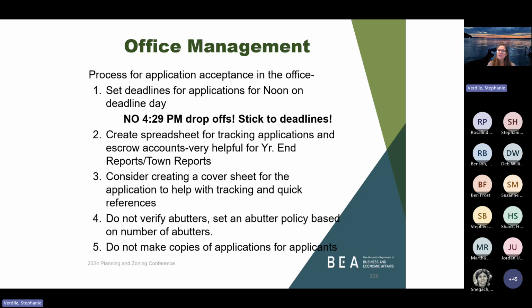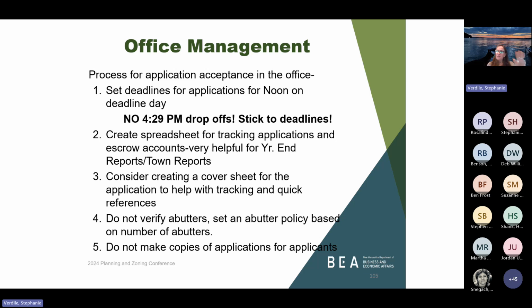Also, another little nuance, from my days of being a land use administrator and secretary to a board: if boards are still accepting paper applications, and we all know the applications can get kind of big, and there's a lot of them, depending on your regulations. I worked for a municipality where we would get like 12 copies of an application for TRC, for the planning board members. That's a lot.